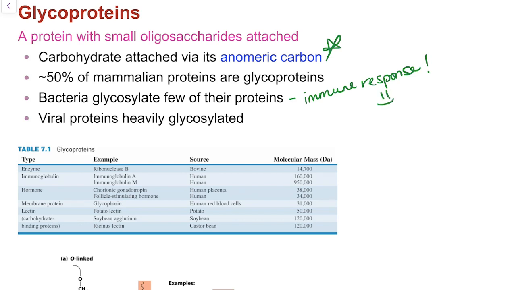Viral proteins, on the other hand, are heavily glycosylated, meaning that they have a lot of these carbohydrates attached to them. Because of this, especially for eukaryotes, they are able to trick the host cells, and the host cells don't recognize that there's a pathogen there, or some other component that is going to overtake that host cell and then use its proteins and enzymes to do what it wants to do, and that's to make more virus particles.